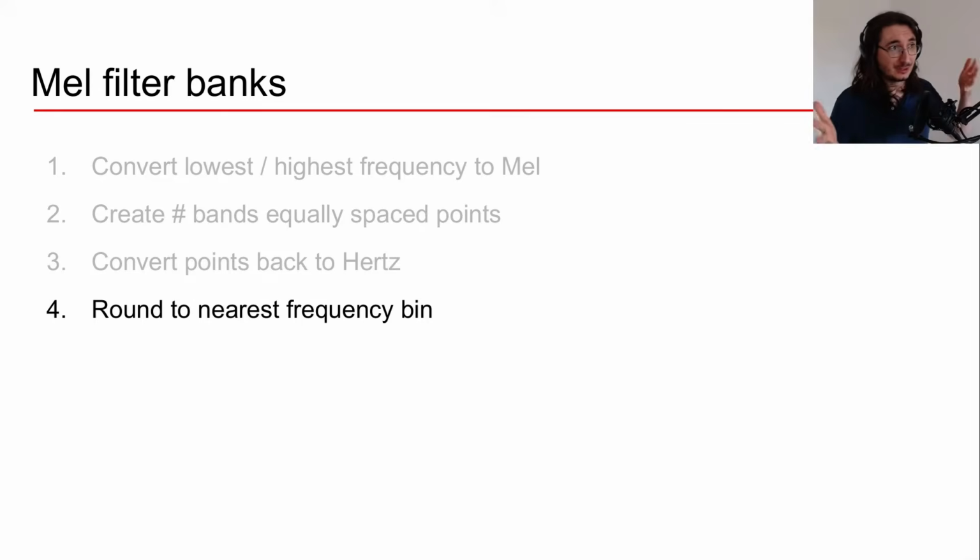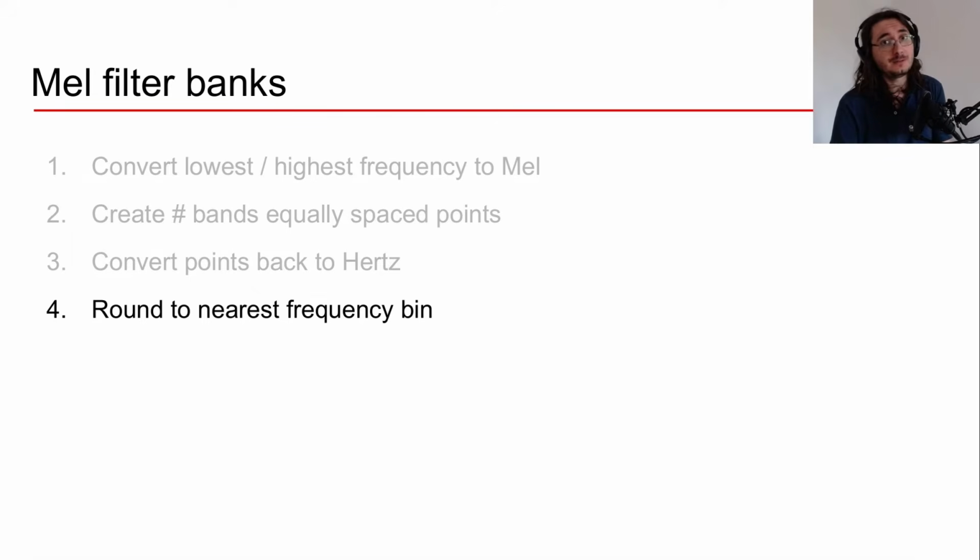And actually the resolution is constrained by the frame size of the short-time Fourier transform. So what that basically means is that we can't just take these center frequency points as they are. We need to bin them, and we need to round them to the nearest frequency bin that we have available, right?